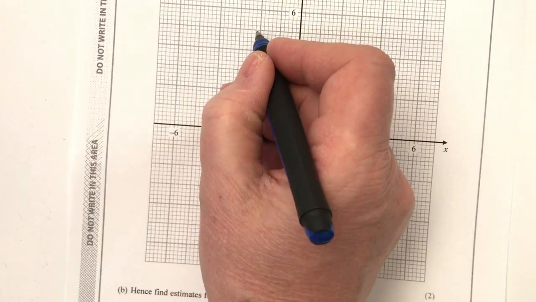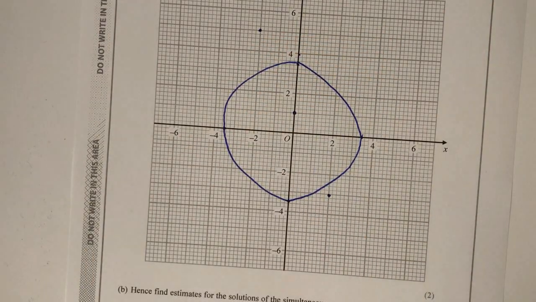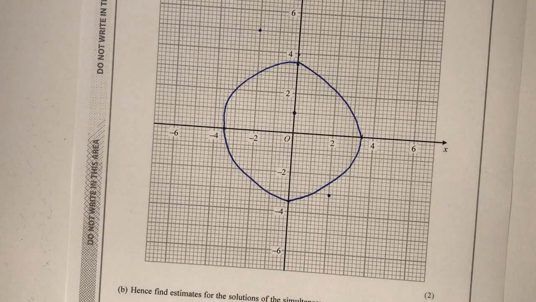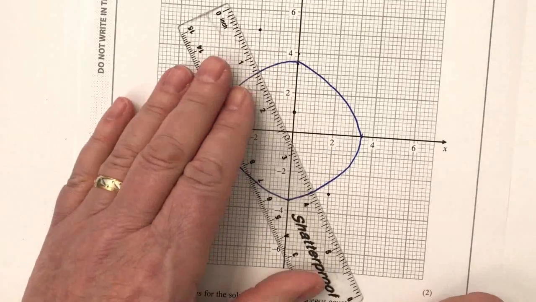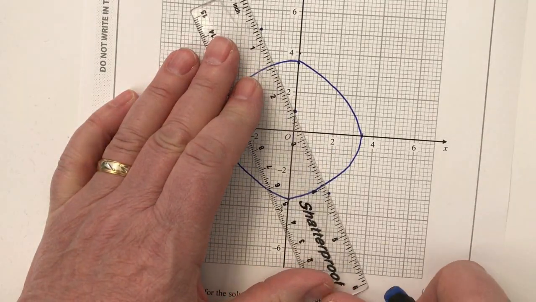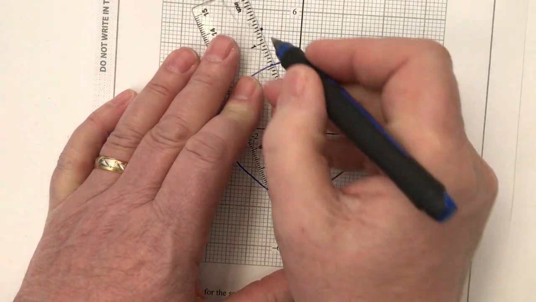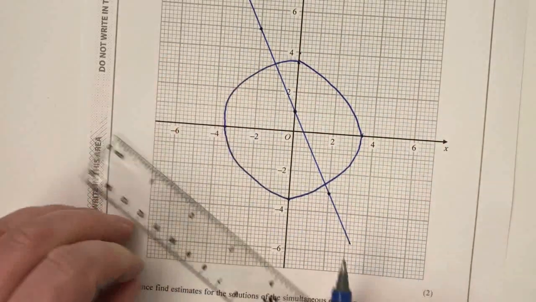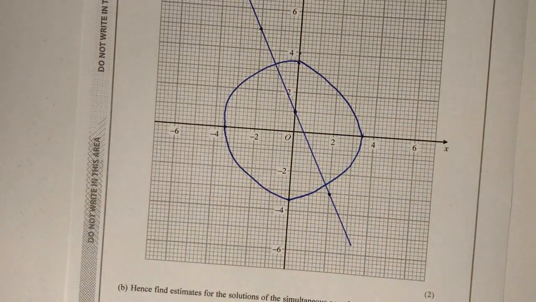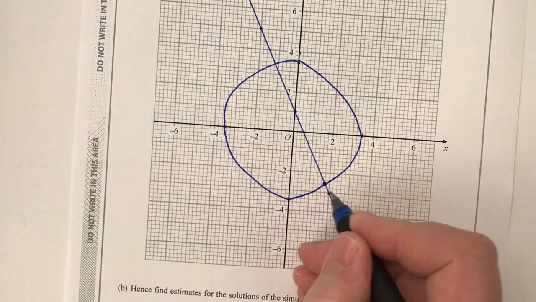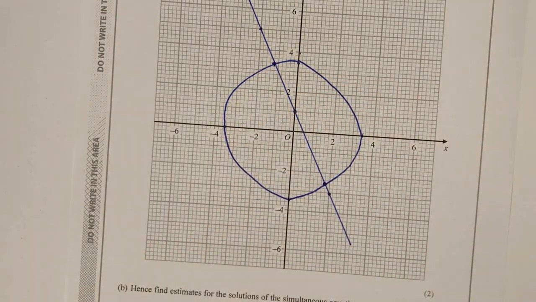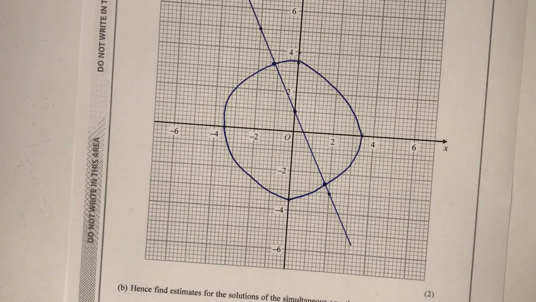Now, you might draw more points, and that's perfectly fine. If you want to do that, it's not a problem at all, because all we're trying to do is find out where this line crosses the circle, because where it crosses the circle gives the intersection points, the estimates for the solutions.